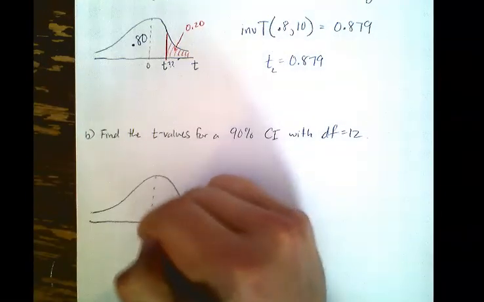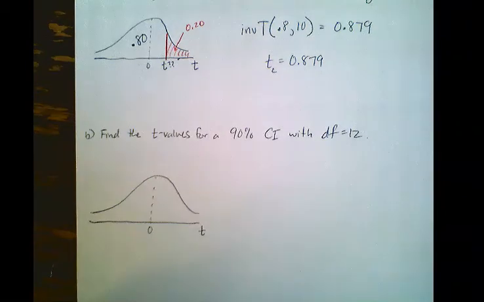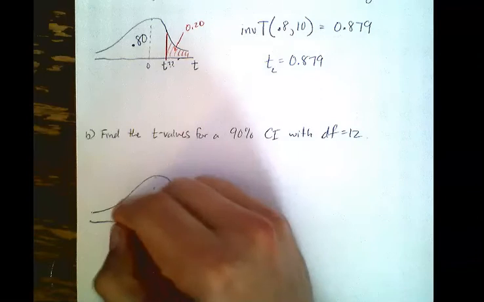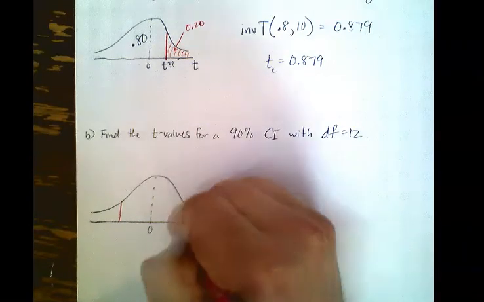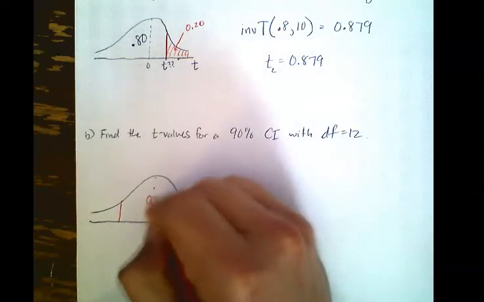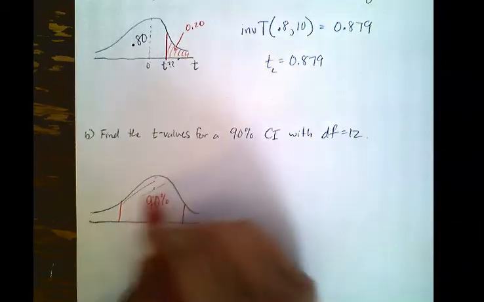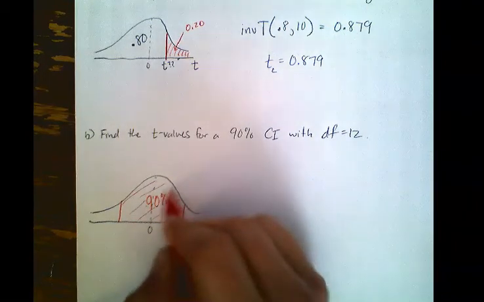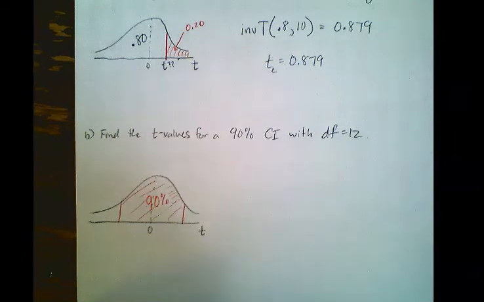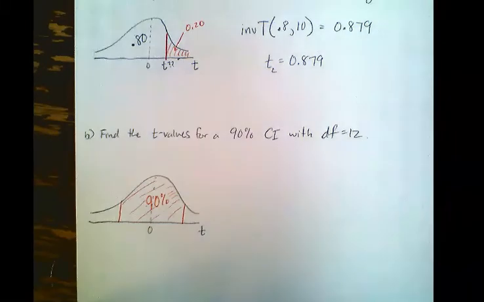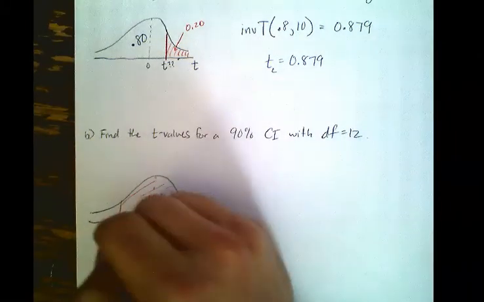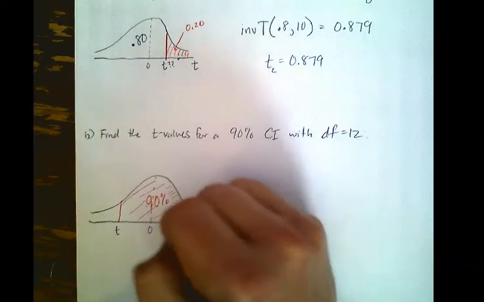0 is our average. So for a 90% confidence interval, we're considering the area that's between the two, with 12 degrees of freedom. So we're looking for plus or minus t-scores.